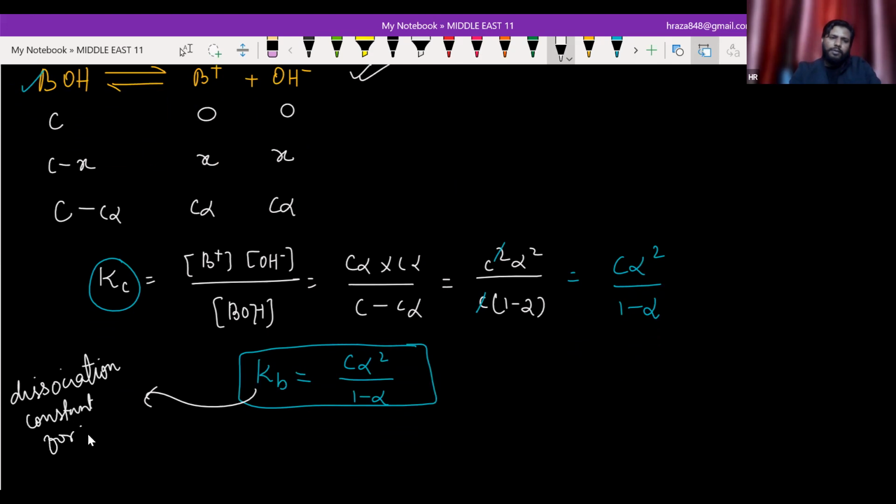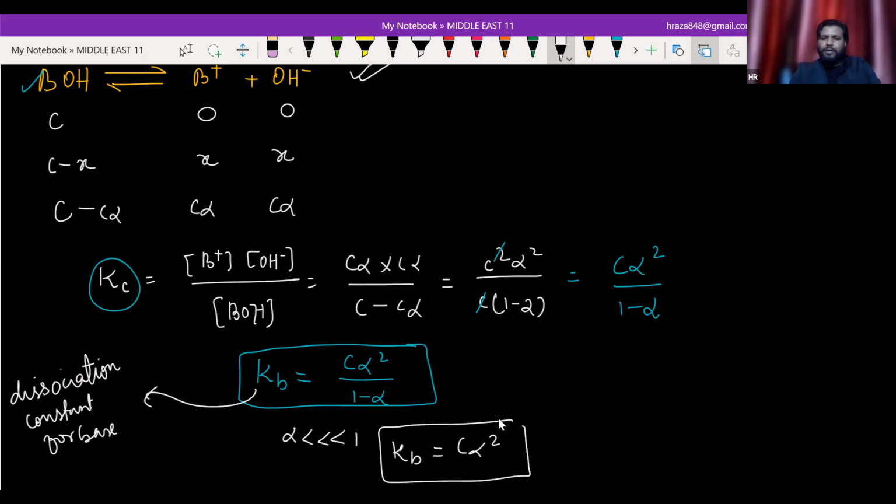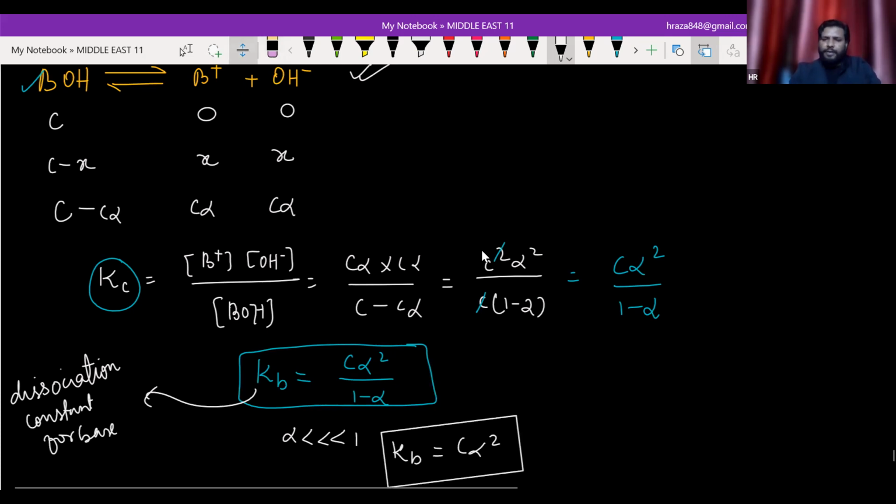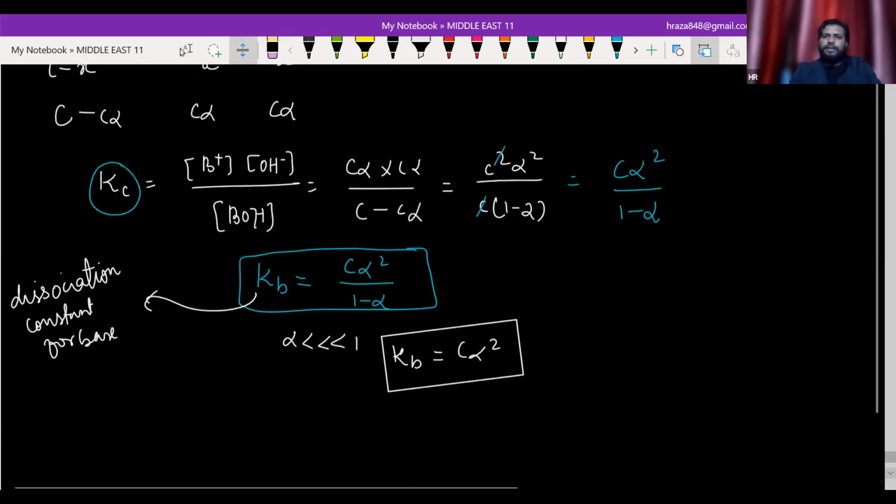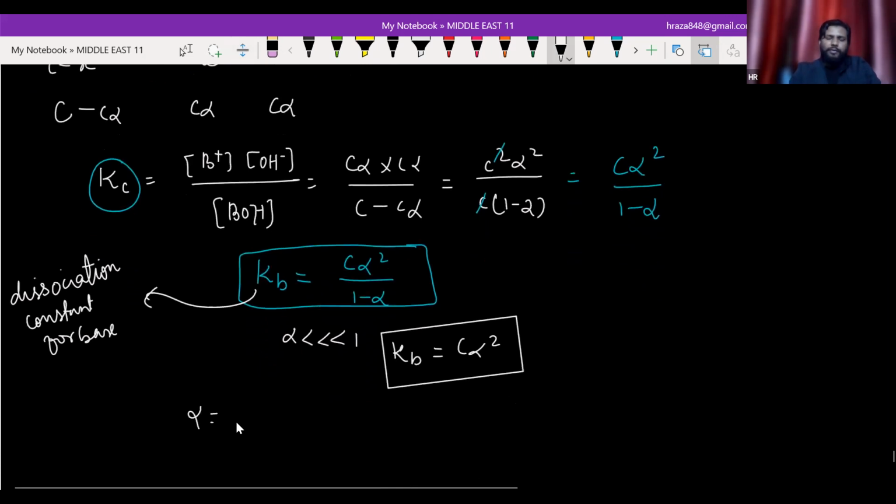In the same way, alpha is very, very less than 1, so Kb will be equal to C alpha square. Alpha will be equal to under root of Kb upon C.